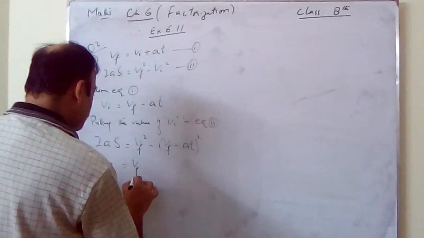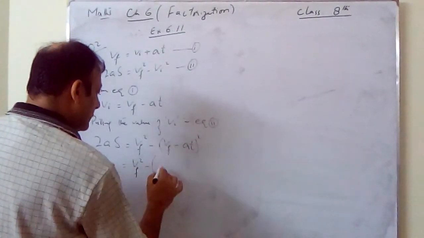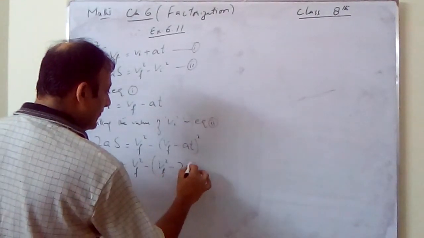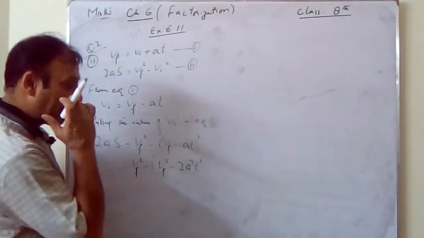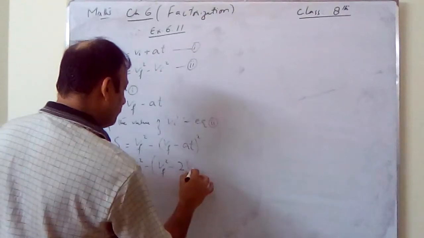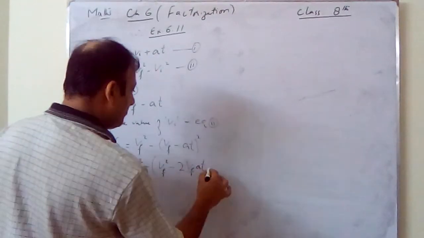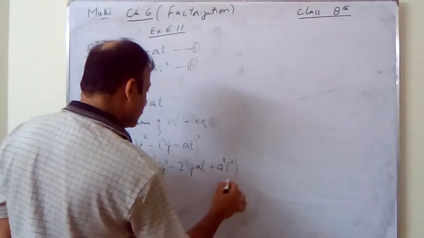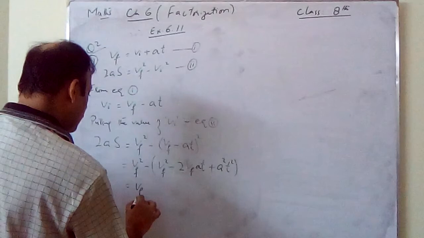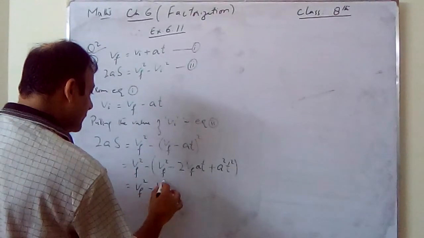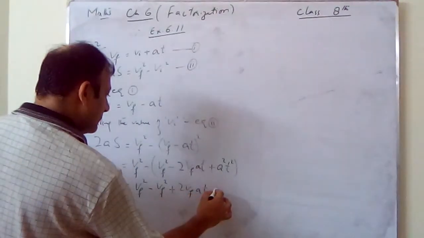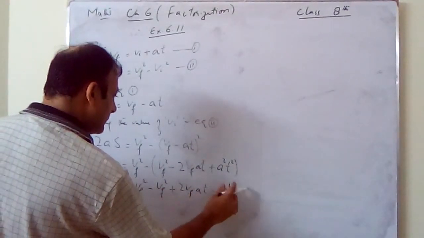So Vf square minus Vf square minus 2Vf At plus A square T square. Now open this one, so we get Vf square minus Vf square plus 2Vf At minus A square T square.